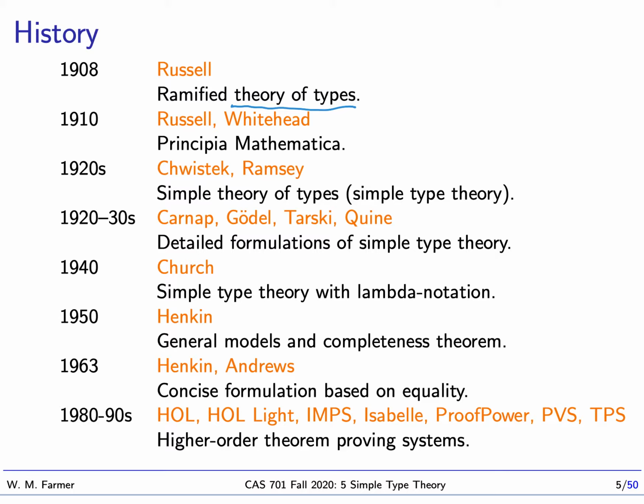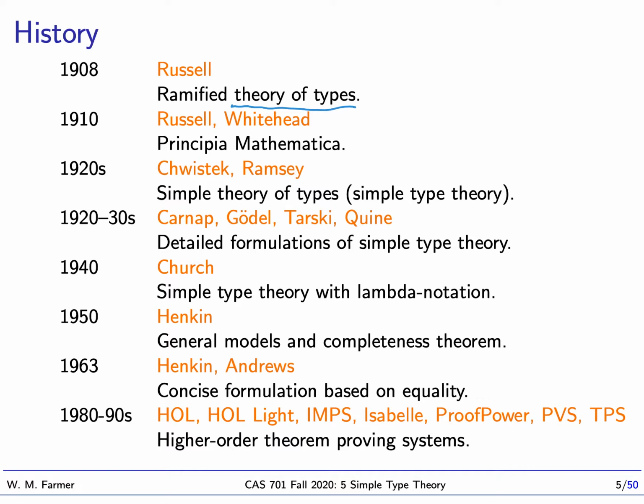So the use of type theory in computing can pretty much be traced back to Church's work in 1940. Now, one of the reasons that many people did not like simple type theory is because it did not have a sound and complete proof system. But Henkin showed in 1950 that if you use a different semantics than the standard semantics, you could develop a sound and complete proof system.